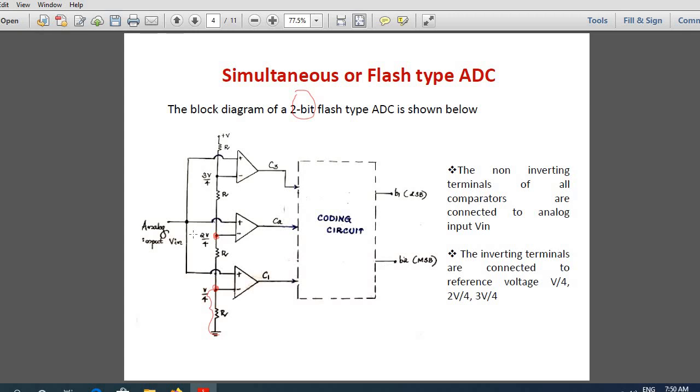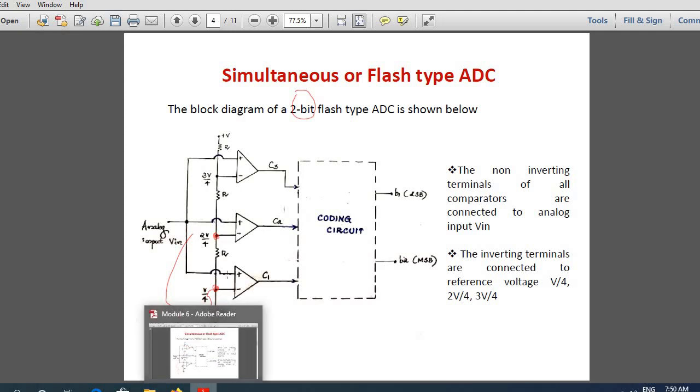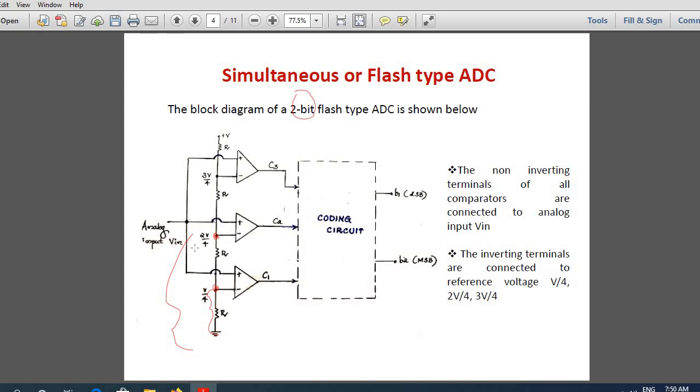It is the total voltage V into the resistance of that node with respect to ground, R plus R, which is 2R, divided by the total resistance 4R. So it is V into 2R by 4R, or 2V by 4, or V by 2. Similarly, here the voltage becomes 3V by 4.